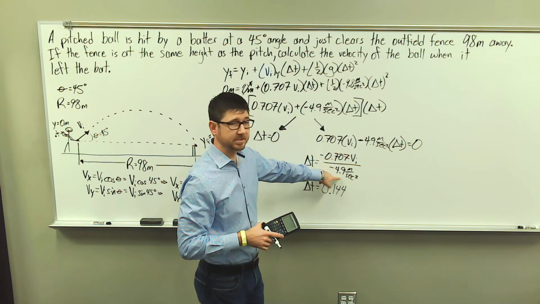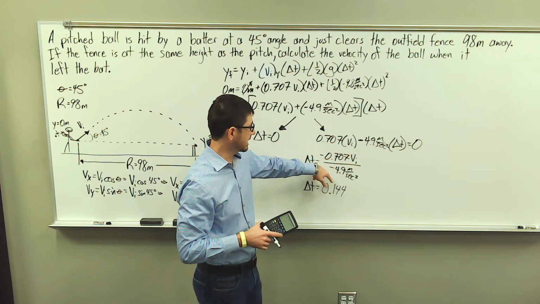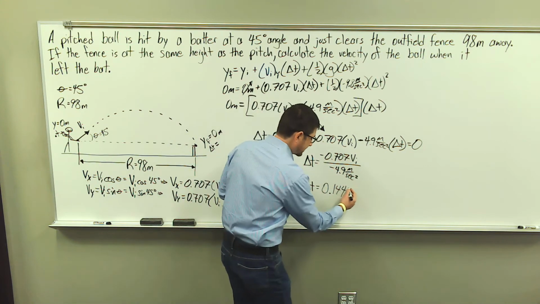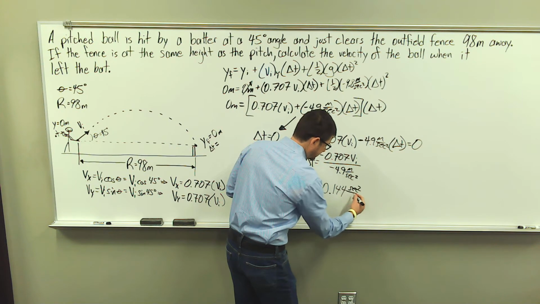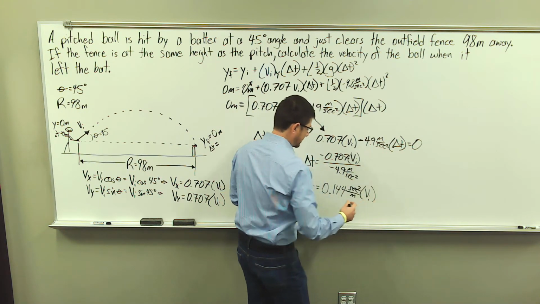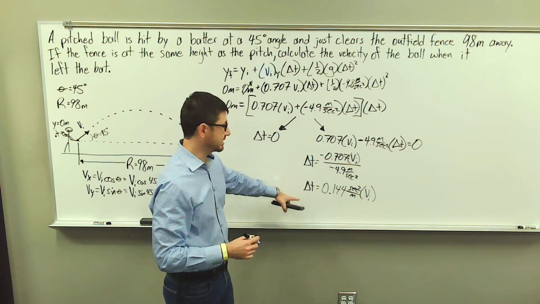So I have meters per second squared in my denominator, and we're going to flip that. For the inverse, we have second squared over meters times our v sub I, okay? So we're going to need to keep this here.